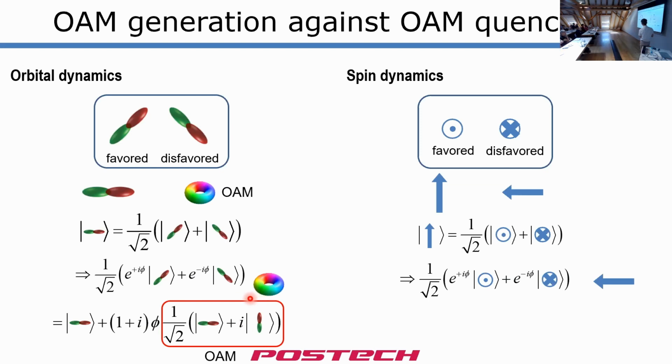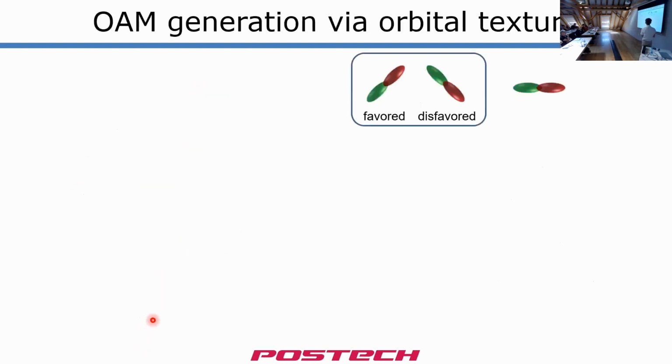So even without any assistance from outside, the solid itself has a tendency to generate orbital angular momentum on one condition. That is, if we can prepare some superposition of eigenstates.